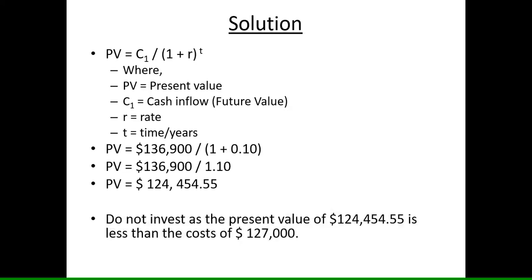So what will be the decision here? We are not supposed to invest, as the present value is less than the cost of $127,000, right? So our decision is that we are recommending her not to invest in this product.